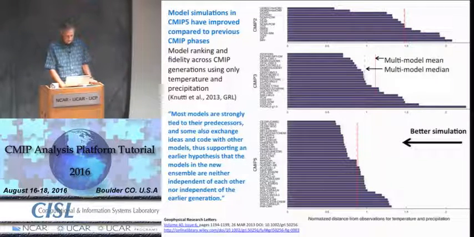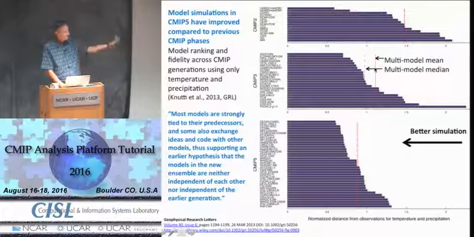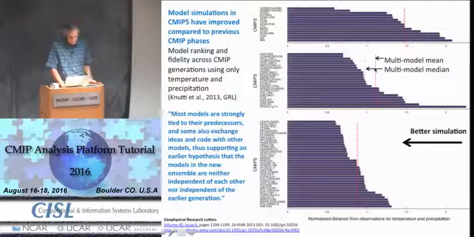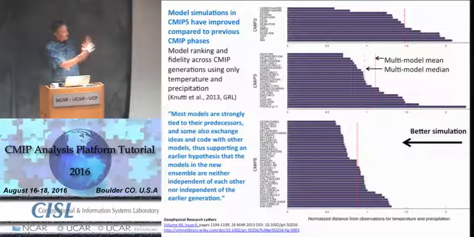You can see there's more models now appearing in CMIP 5 than before. The multi-model mean is this red line. The multi-model median is the dashed line. You can see that the better the simulation, the shorter the bars are. So the closer you are to the left y-axis, the better the simulation. And you can see that these bars are getting shorter, meaning the simulation quality is getting better.